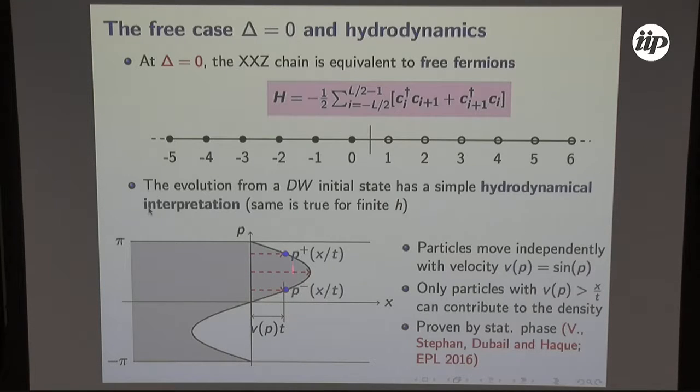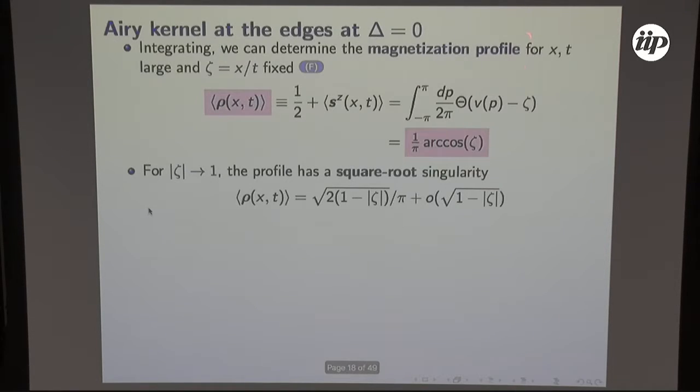So essentially, you have this initial distribution of fermions, and it gets modified in a very simple way. The single particles move with their group velocity, and then you integrate over the momenta which are occupied, and you get simply the distribution of the fermions, which is trivially related to the distribution of the spin, the total profile of the magnetization.